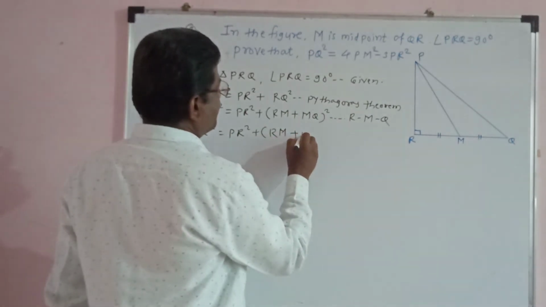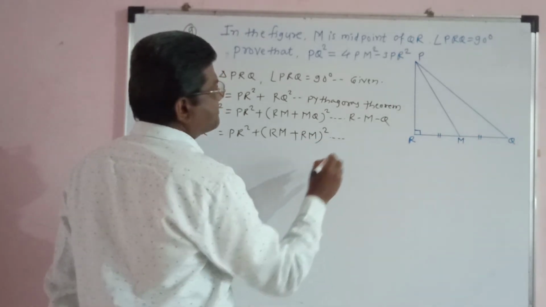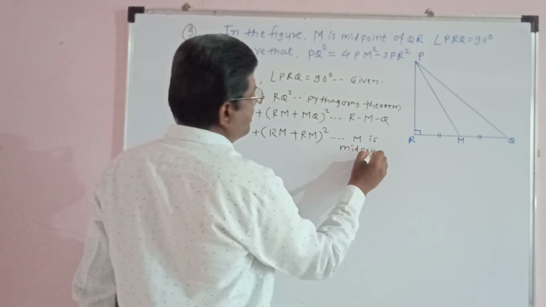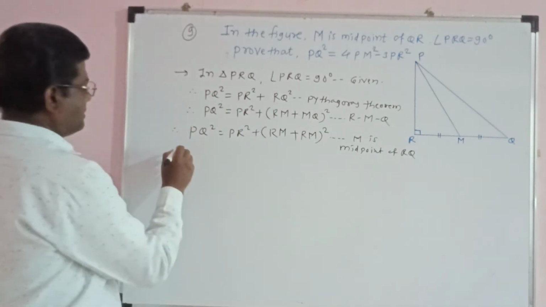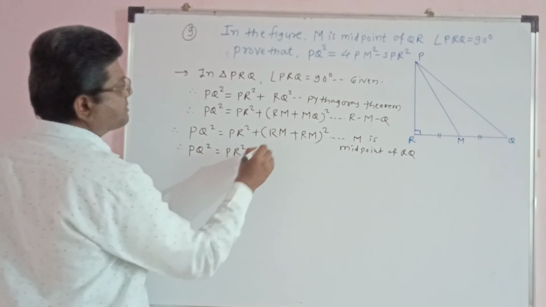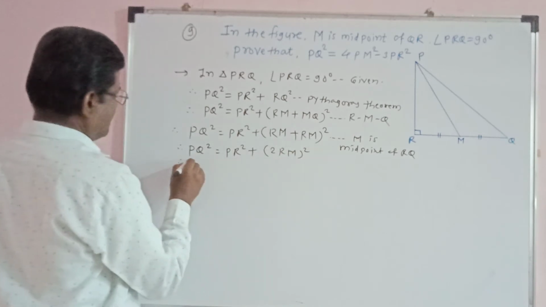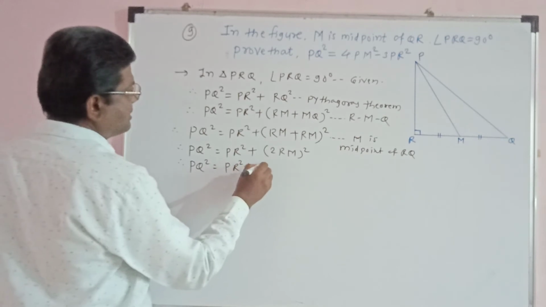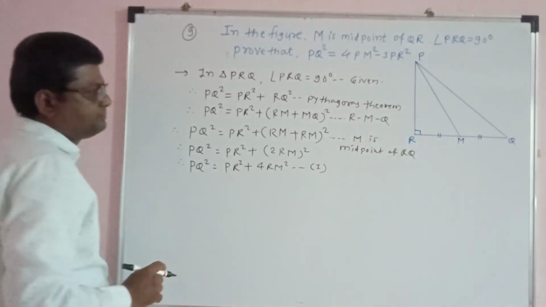Therefore we write MQ is equal to RM. Reason is M is midpoint of RQ. Therefore PQ square is equal to PR square plus 2RM bracket square. Therefore PQ square is equal to PR square plus 4RM square. This is equation number 1.